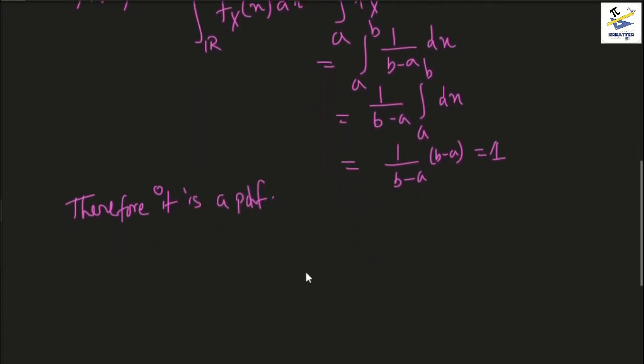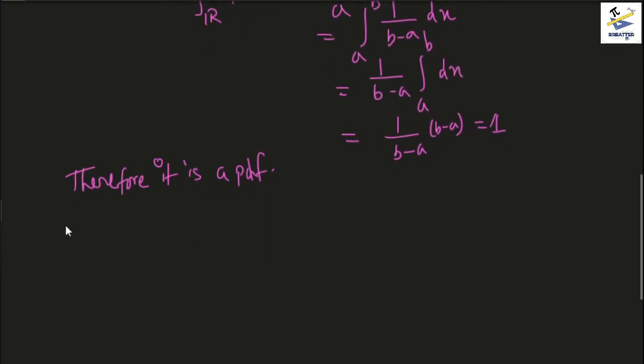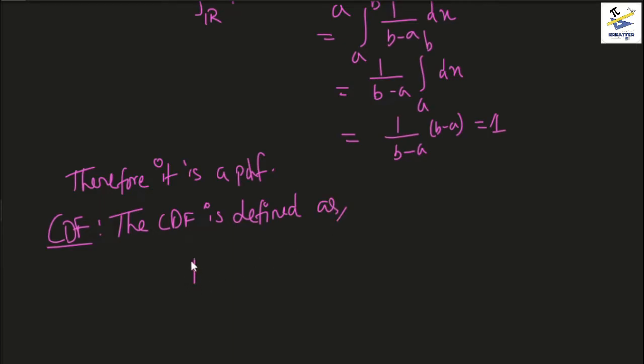Now the CDF. Once we are done with the PDF, we move on to the next thing, which is the CDF. As I have already told you, it's called the cumulative distribution function, and it is defined as the probability of X less than or equal to x. We use capital F for denoting the CDF.